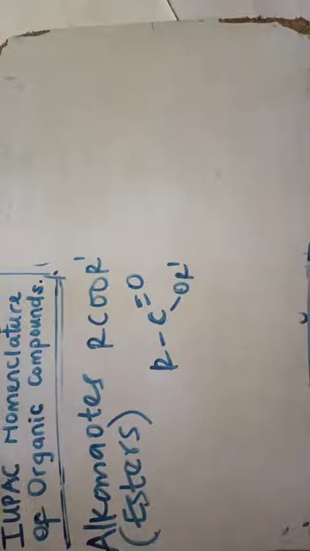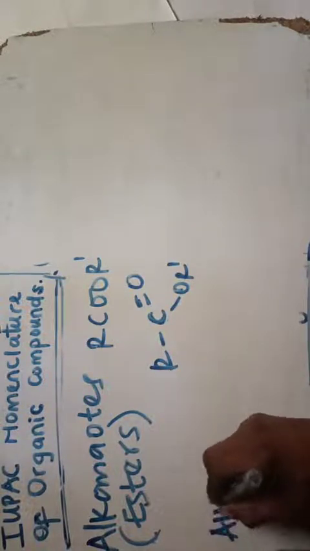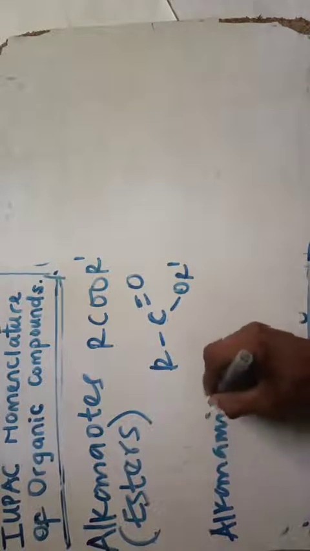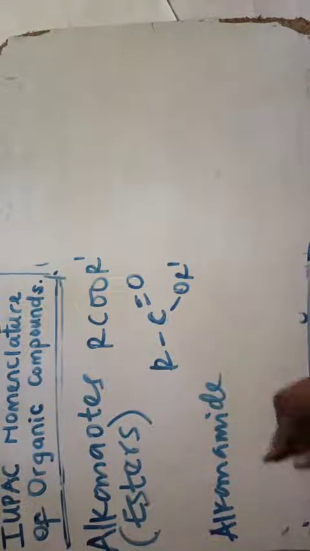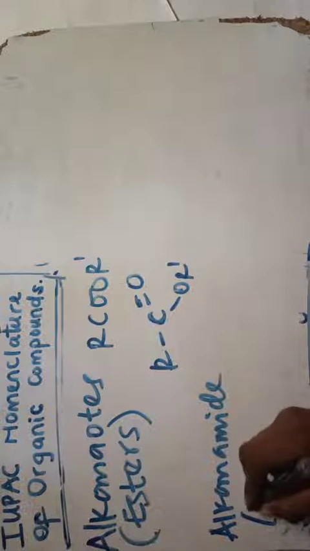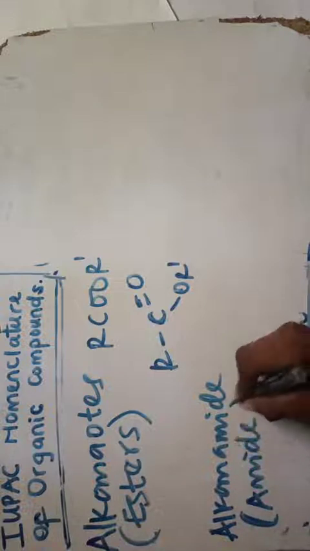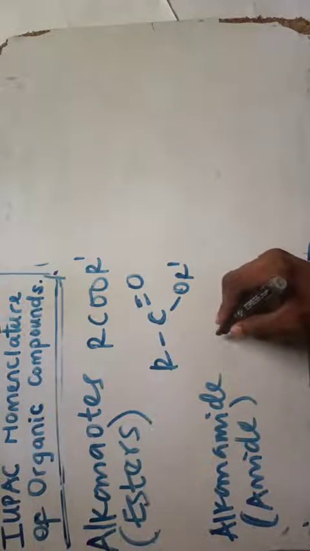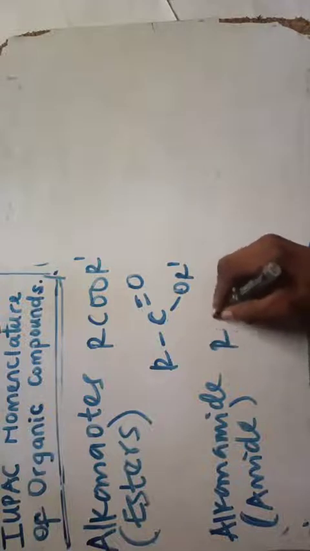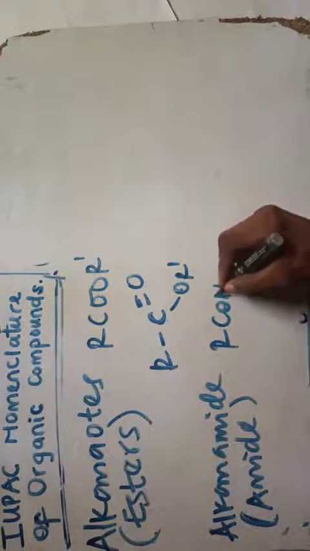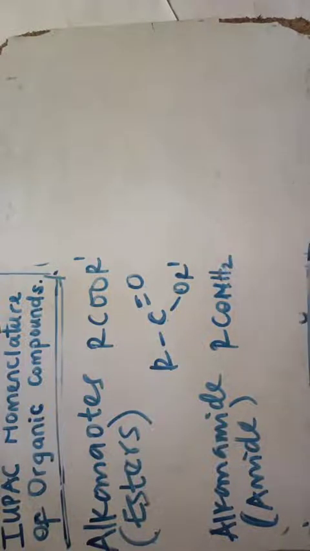So next one we'll consider is alkanamide. Alkanamide, you can also call it amide. Your amide is given as RCONH2.